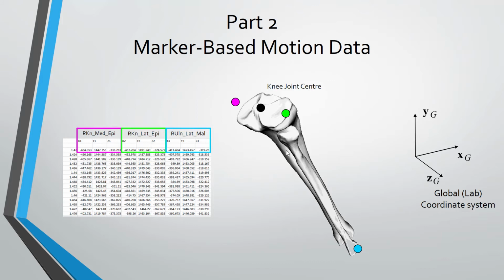When you have 2 joint centers, so here we're going to define an ankle joint center at the bottom of the lower leg, we can then define a rigid segment between these 2 points, and this becomes our lower leg segment.